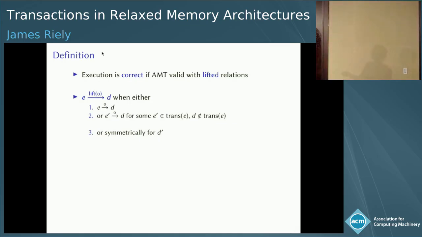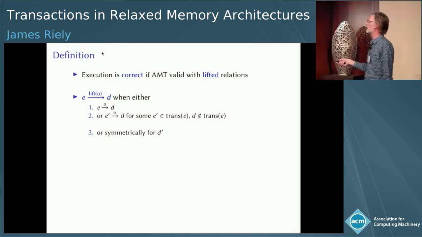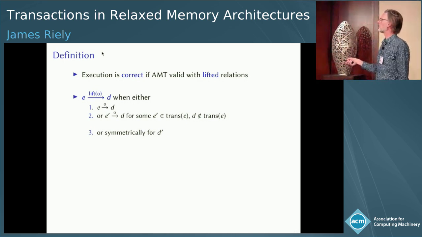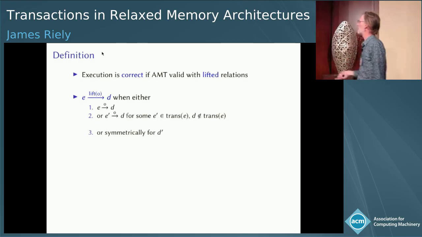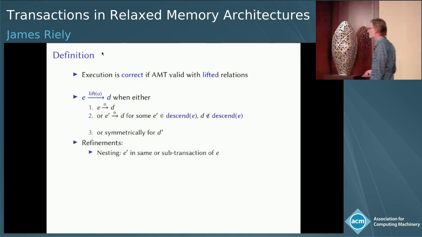Well, actually, first of all, if E and D are related in the underlying relation, they're related in the lifted one. Otherwise, let's suppose E is a transactional event. Then we're going to relate E to D whenever there's some E prime in the same transaction, and D is not in that transaction. All right, that's it. So that gives us all of the goodies we had on the previous slide.